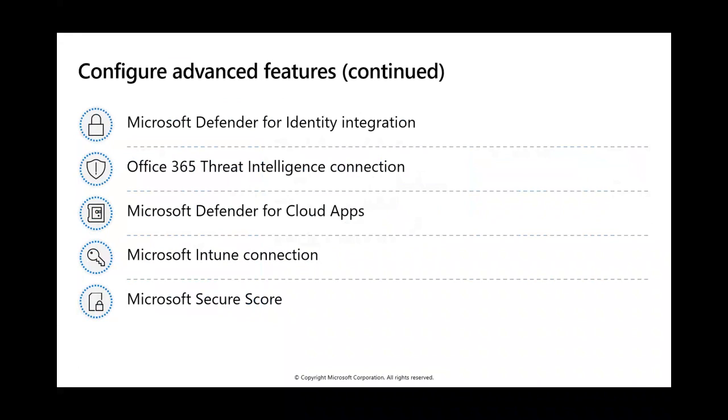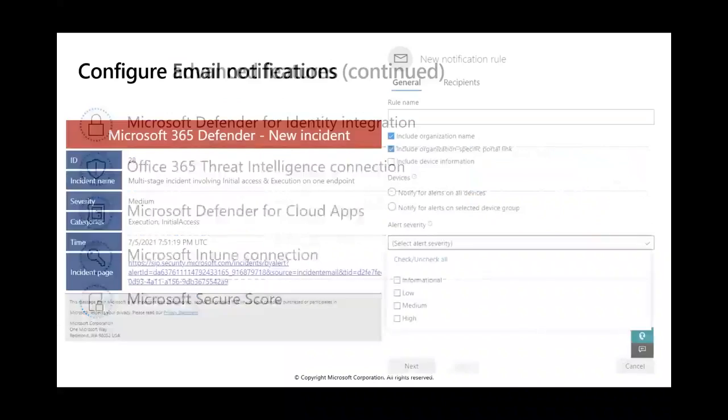We can also integrate connections to enable sharing of device information and enhance policy enforcement, and the Microsoft Secure Score, which will forward the Microsoft Defender for Endpoint signals, giving the Microsoft Secure Score visibility into the device security posture also.